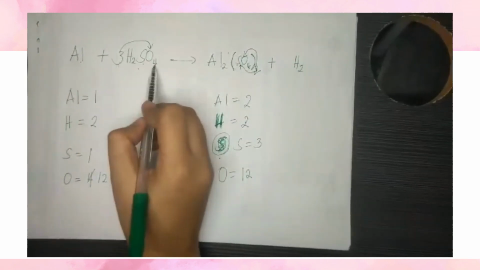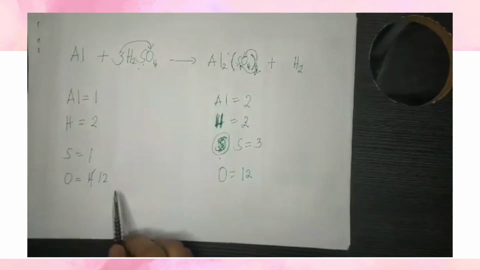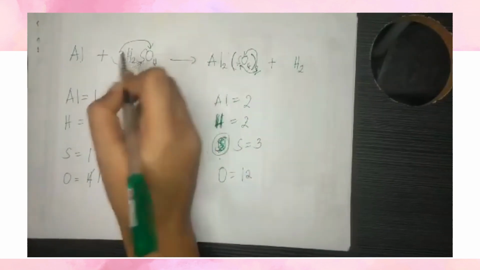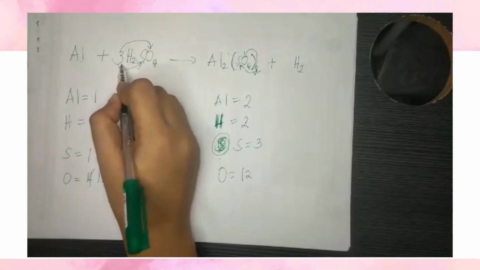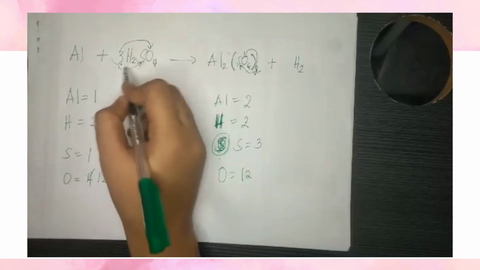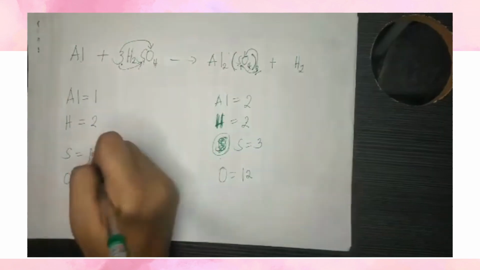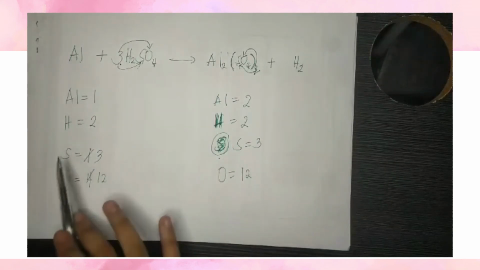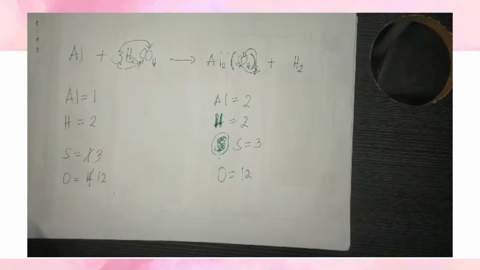So 3 multiplied by 4 oxygen, we have 12 atoms. Now there is a change that happens on the sulfur. So we have 1 sulfur here, but we add a 3 coefficient on this one, so this molecule is multiplied by 3. So 1 sulfur multiplied by 3, we now have 3 atoms of sulfur. So we now have a balance of sulfur atoms and oxygen atoms.